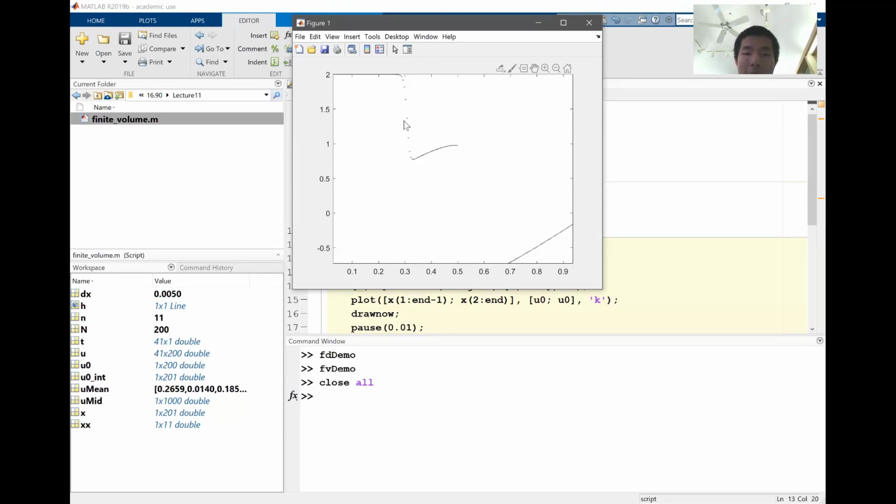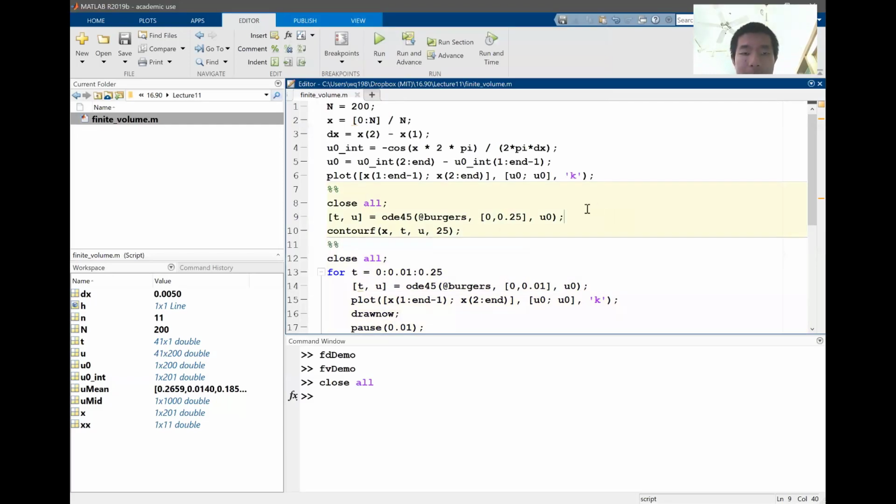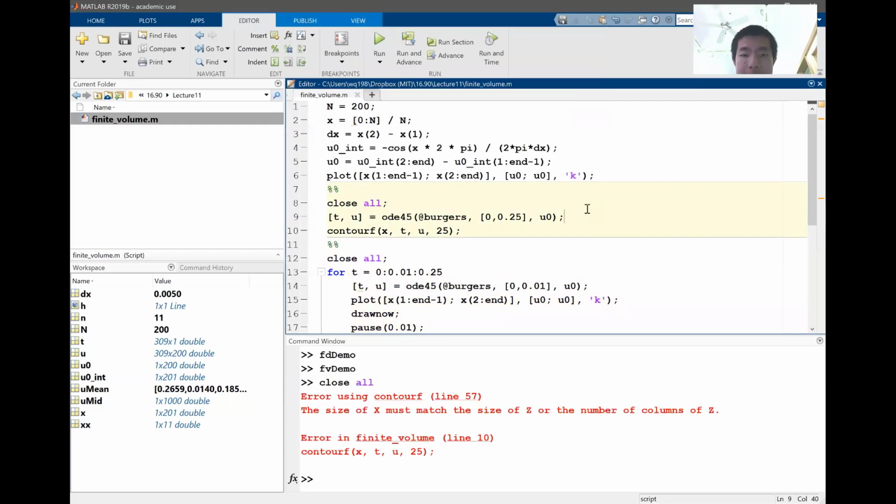So if you plot it as a space-time curve, the size of x, let's see, our x is this.